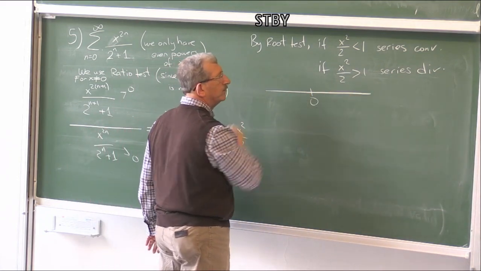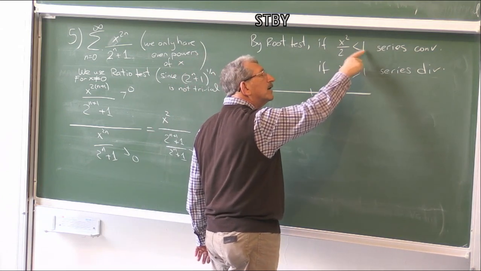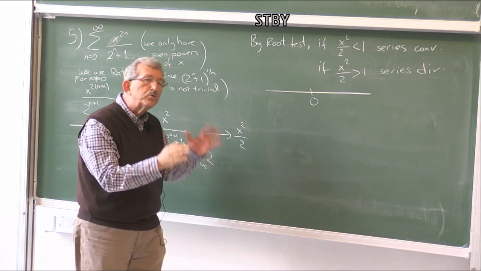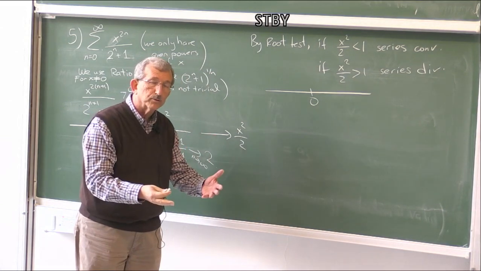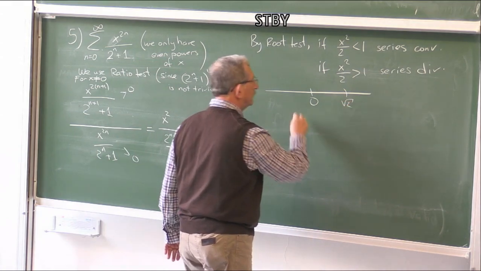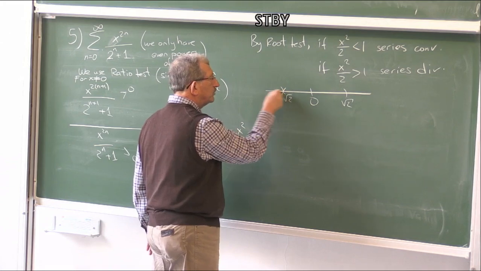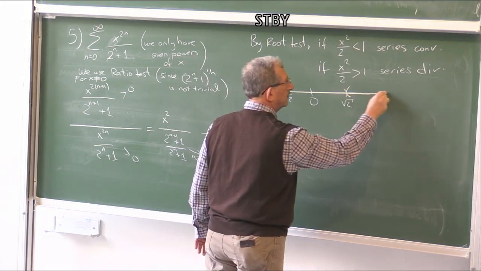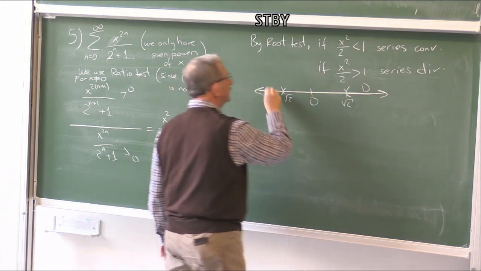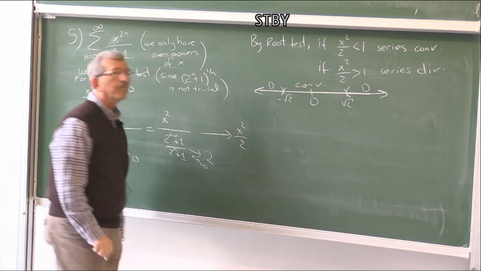We have 0, and x squared less than 2 means that absolute x is less than square root of 2. So we can go as far as square root of 2. And outside, we have divergence. Inside, we have convergence.